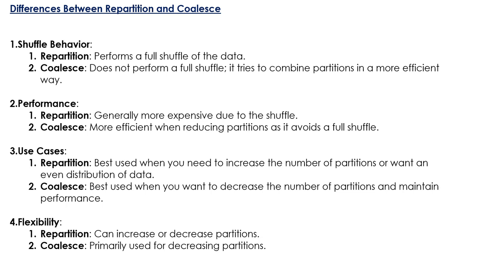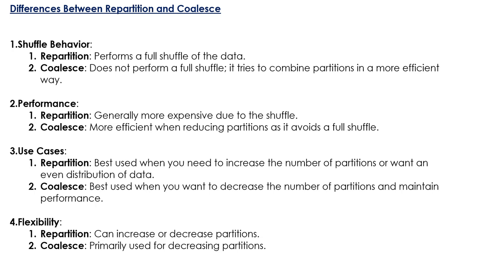If we talk about performance, generally repartition is more expensive in nature due to its data movement between the nodes. As it performs a full shuffle, the cost incurred for this activity is quite a bit more than the coalesce operation.